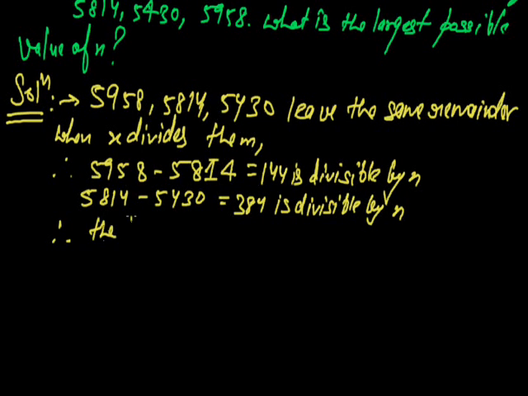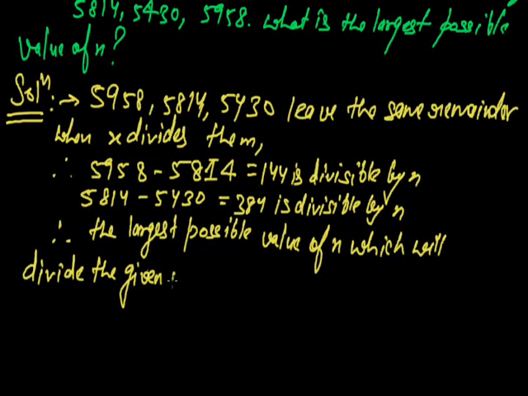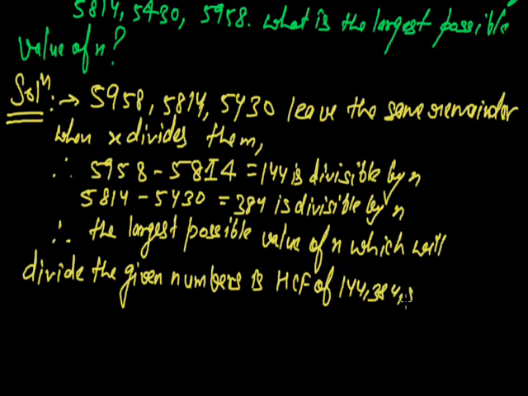So the largest possible value of n which will divide the given numbers is the HCF of 144, 384 and 528. That is 48. So 48 is our answer.